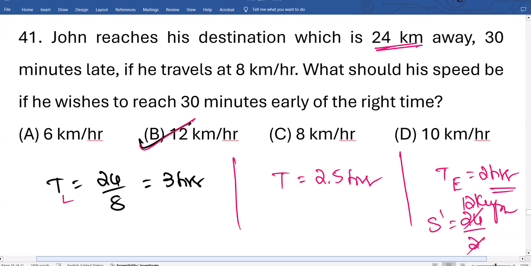Very simple way of handling, right? So don't go for too many equations. Initially the time taken is 3 hours. That itself is 30 minutes late. So the correct time should be this one. This is late. The last one is early.